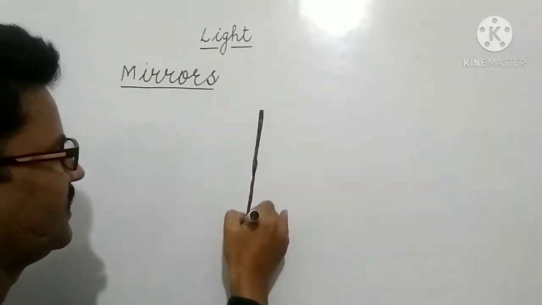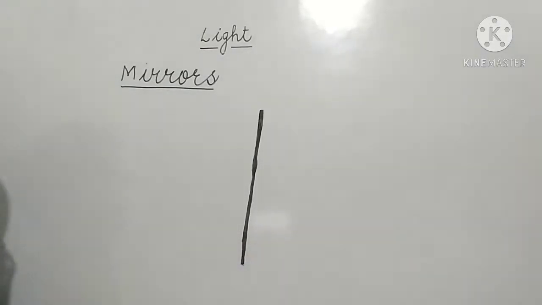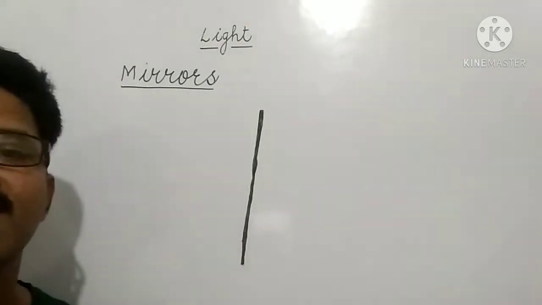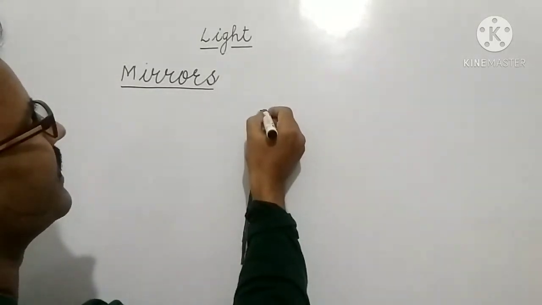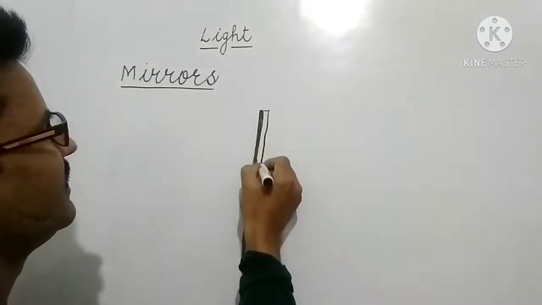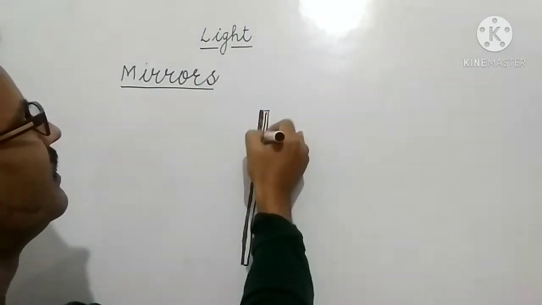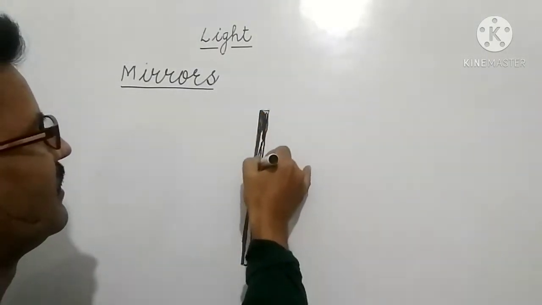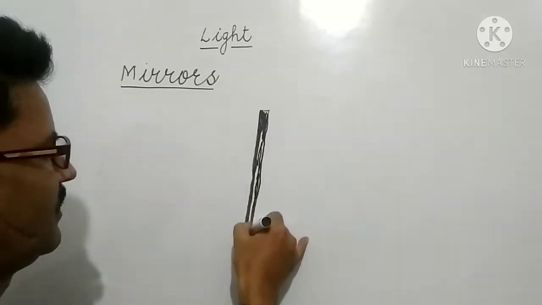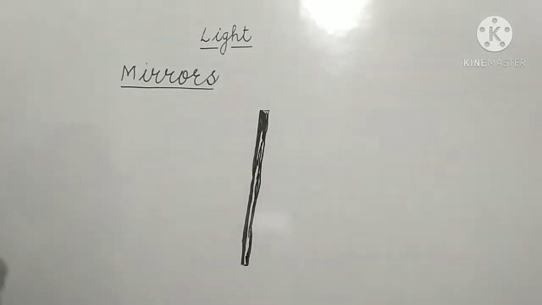We can look through it. Then the silver side is coated with a dark paint. Now another layer. This is the silver side. Generally it is orange or red.